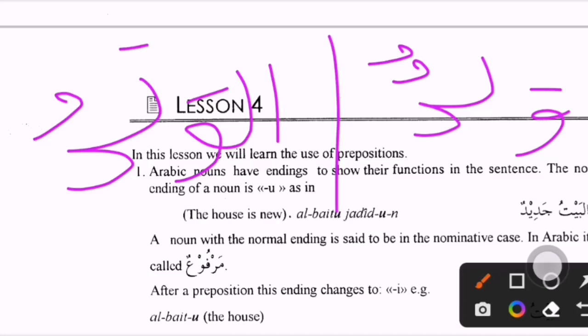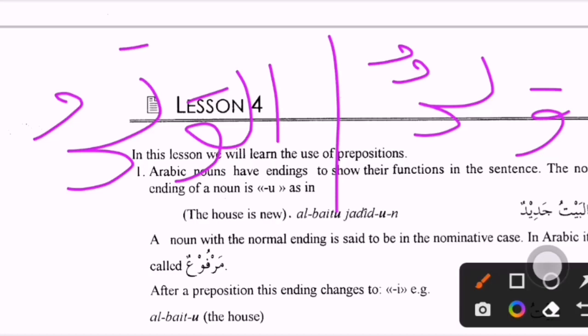Today, we are going to look at some of the things that can actually change your nominative case at the end of the Arabic word. And one of them is when you have your preposition before your noun.